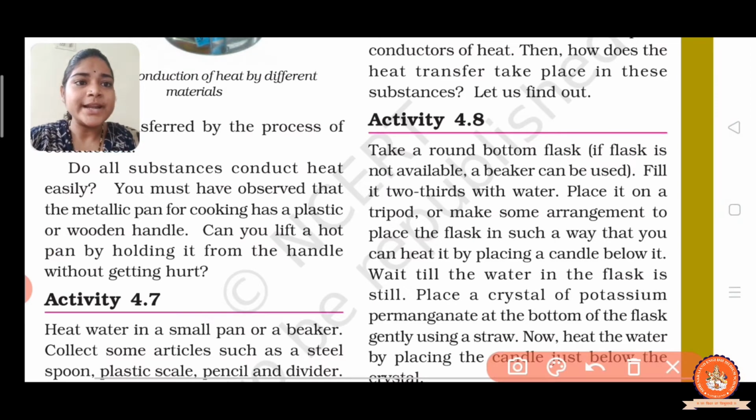First of all, take a round bottom conical flask and fill it 2/3 with water. Add some amount of water in the conical flask. After that, place it on a tripod or make some arrangement to place the flask in such a way that you can heat it by placing a candle below it.